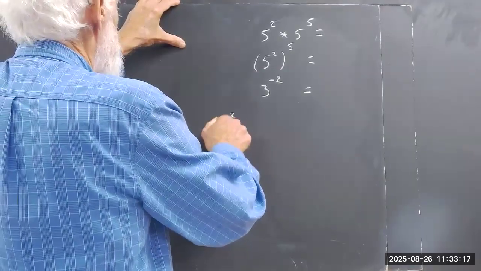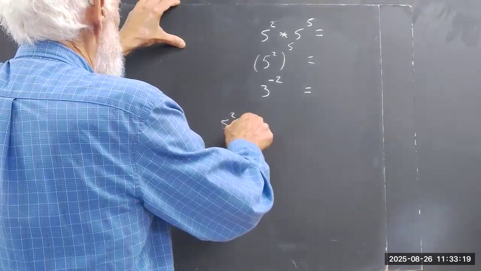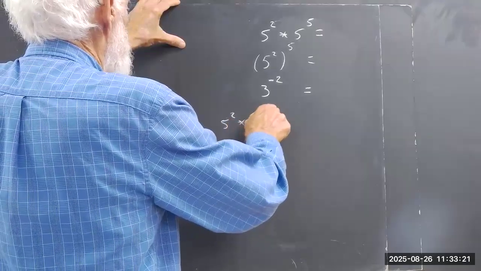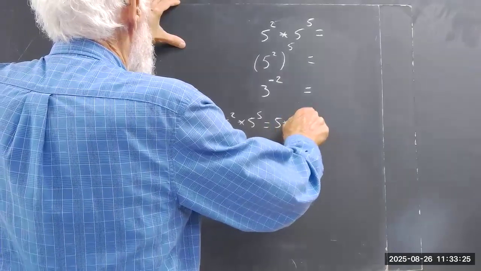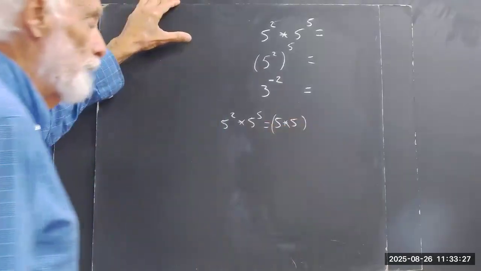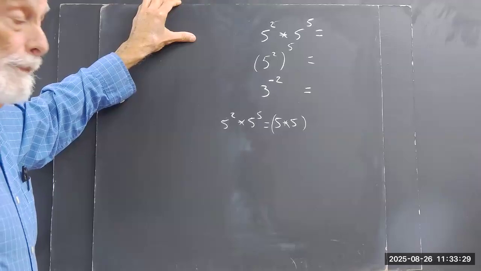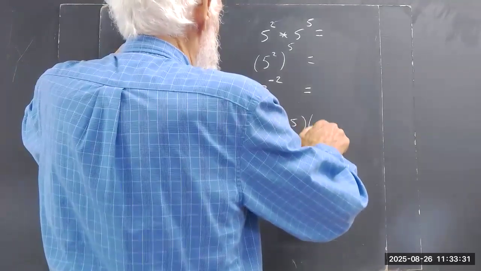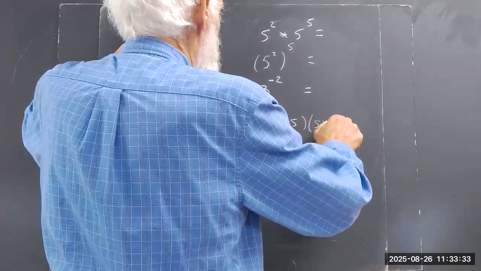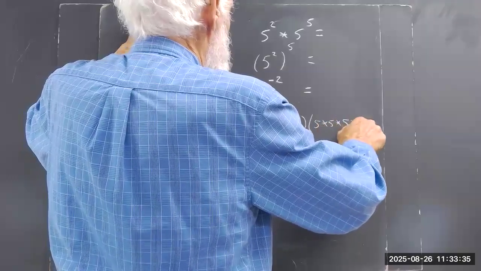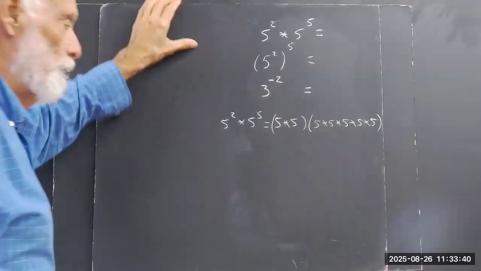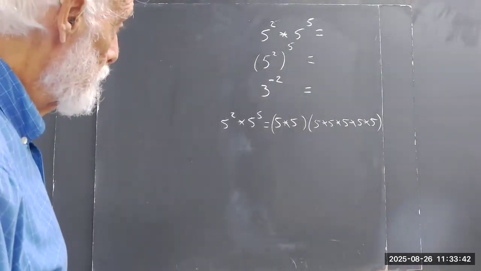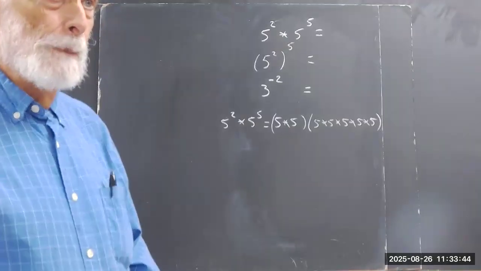So we can say 5 squared times 5 to the 5th means: 5 squared, that's 5 times 5, right? 5 to the 5th is 5 times 5 times 5 times 5 times 5.